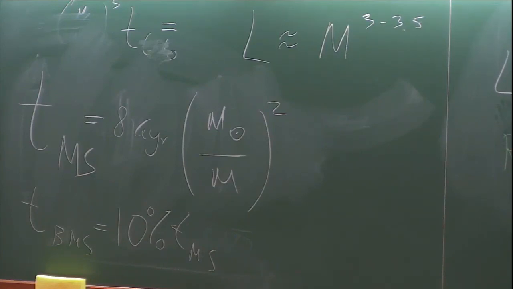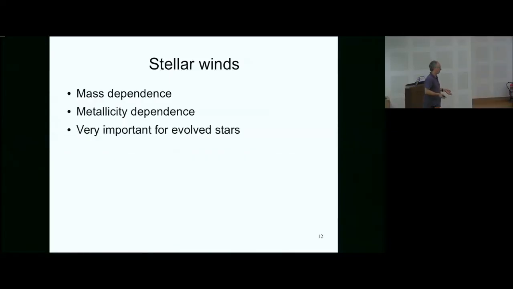So for massive stars that are initially, say, 50, 60 solar masses, at the solar metallicity, you can lose 40 or more solar masses, which is like 60 or more percent of the mass of a star in the wind, and you can essentially strip the star of the entire hydrogen envelope just because of the winds. And they are also important for the evolved stars, for the Wolf-Rayet stars.